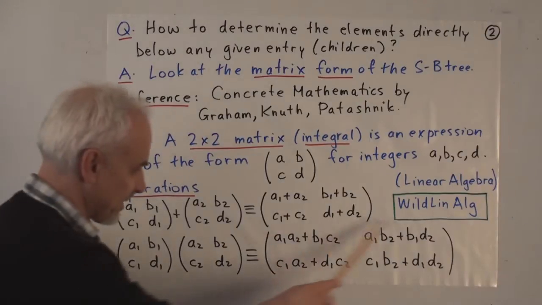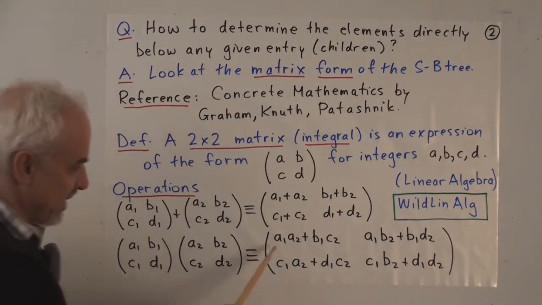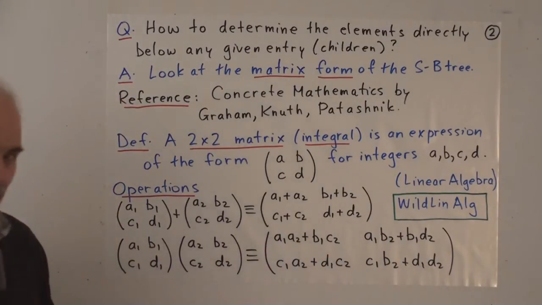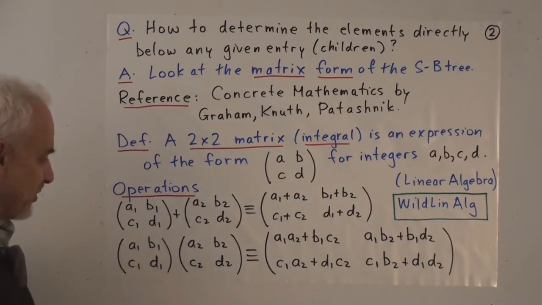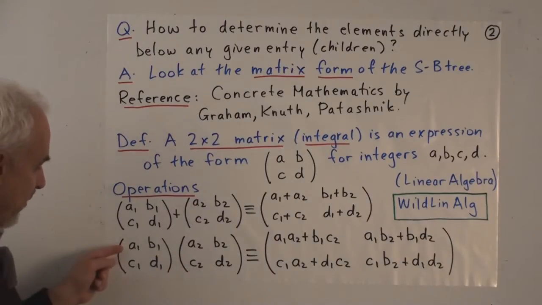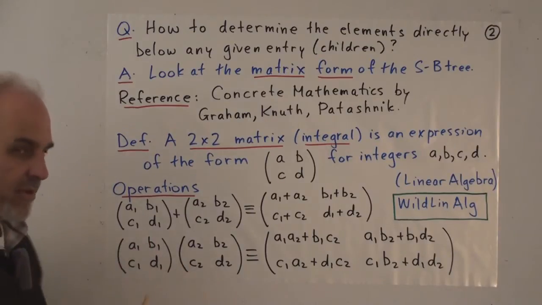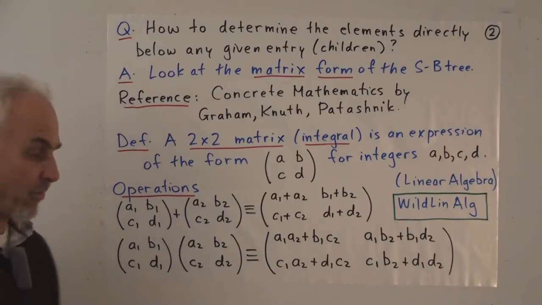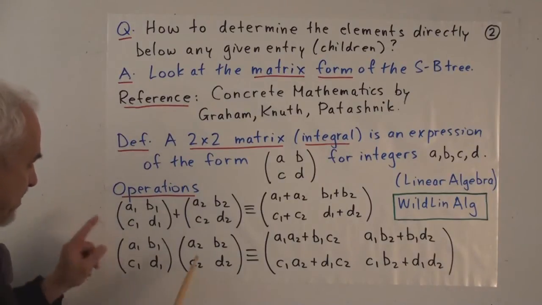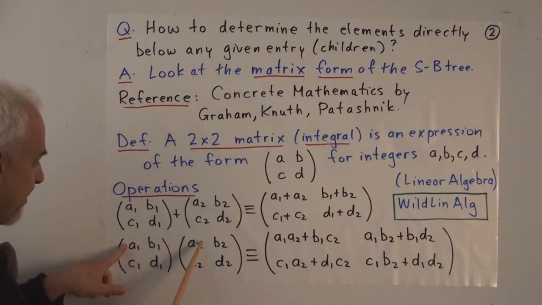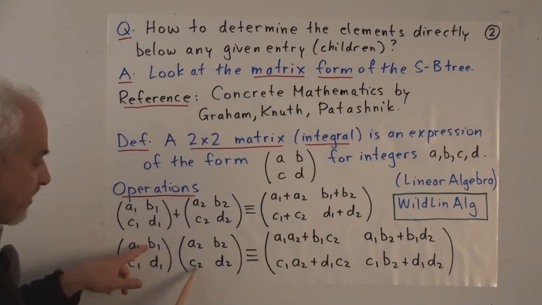The product of the matrices is a bit more complicated. To find this top left-hand corner of the product, we don't just take a1 times a2. We take rather the first row of the left matrix and the first column of the second matrix, and we multiply them in a suitable way. What that means is we multiply a1 times a2, but we also add b1 times c2.